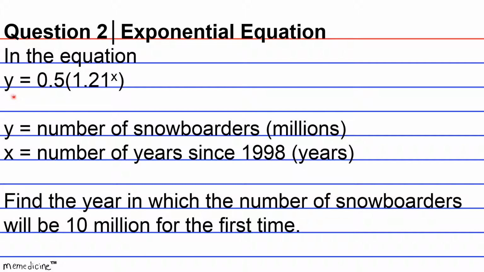What we have to do is substitute 10, which represents 10 million, into this equation. We don't have to write out 10 million since we're told the unit of y is in the millions. All we have to do is write 10, because if we wrote 10 million here, it would be 10 million times a million, and that's not what we're looking for.